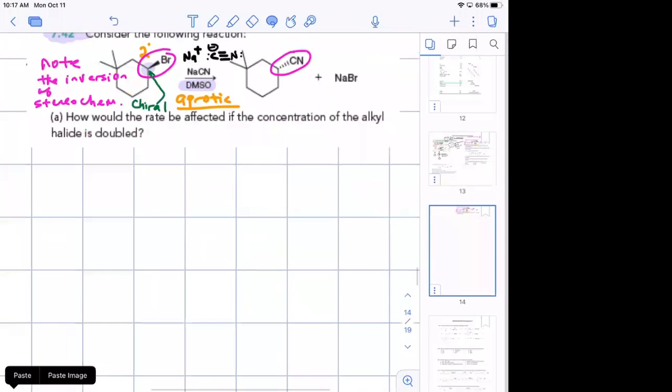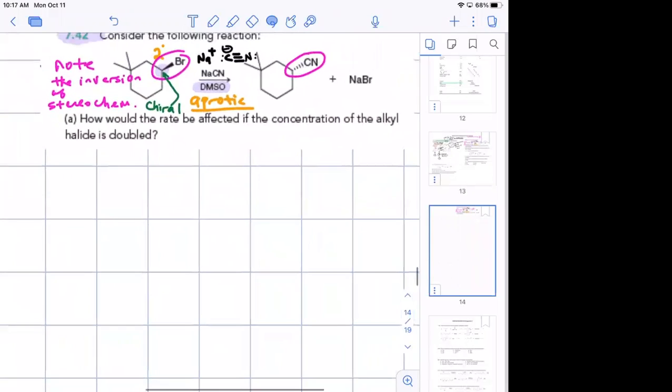All right, so without getting into the chair conformation and all that stuff, because we haven't talked about that yet, I'm just going to show this from a 2D perspective. So if this is my carbon right here, and this is bromine, and I have 2 carbons attached to that, and a hydrogen. So put the hydrogen up here. And then the 2 carbons in the ring, I'm just gonna put down there.